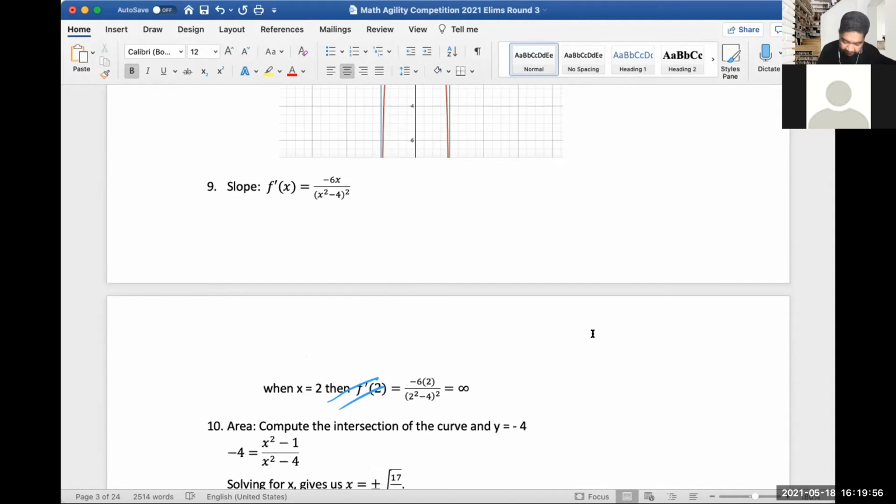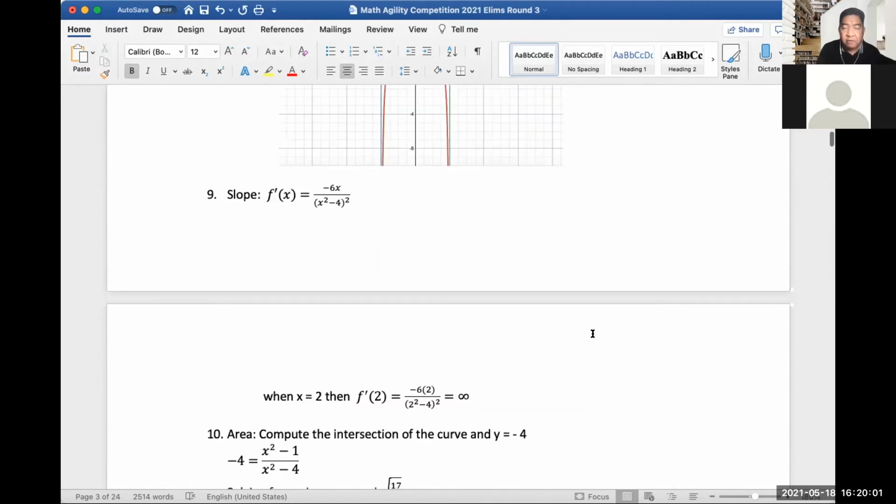Let's substitute x equals 2 into the derivative. So f prime of 2 is negative 6 times 2 in the numerator, and 2 squared minus 4 would be 0. So this would be negative 12 over 0, which is infinity, or undefined.